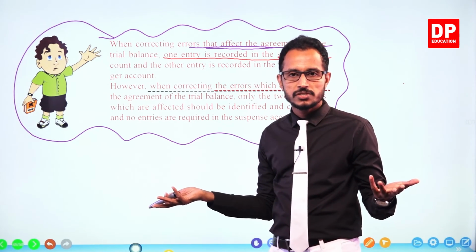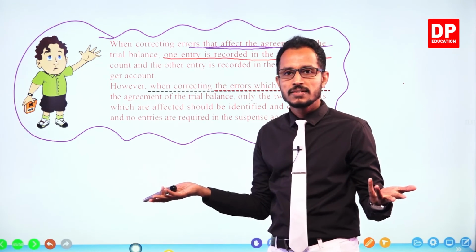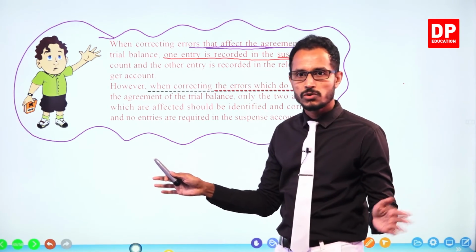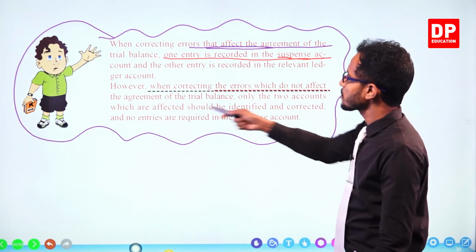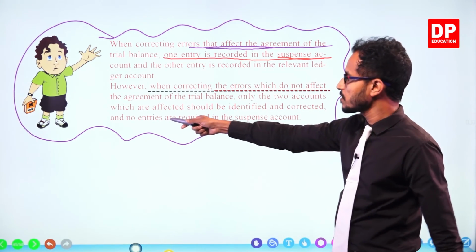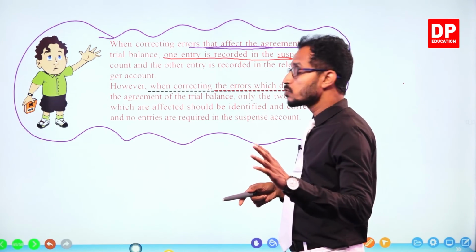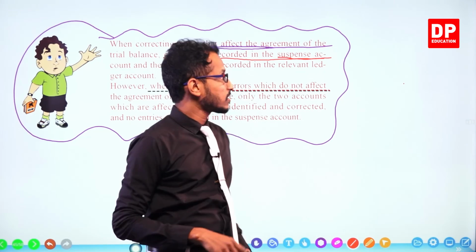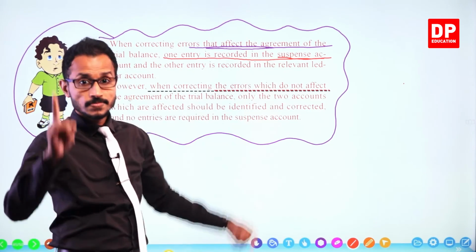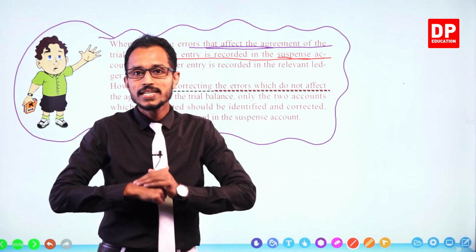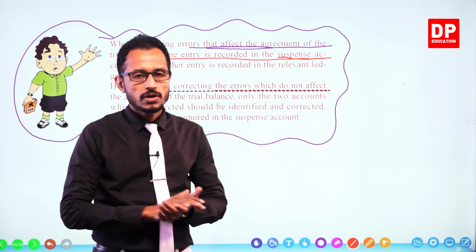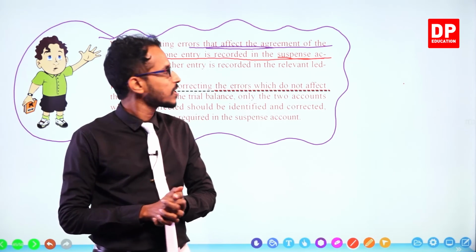There is no difference in the trial balance, because these errors do not affect it. So no entry should go to the suspense account. But when you correct errors which affect the trial balance, you need one entry in the suspense account.